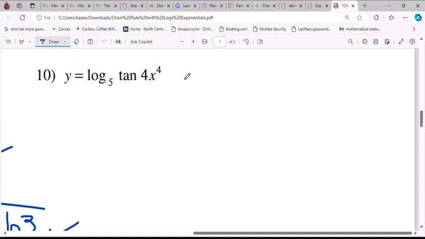You can write the formula: log of a, log base a of f(x).